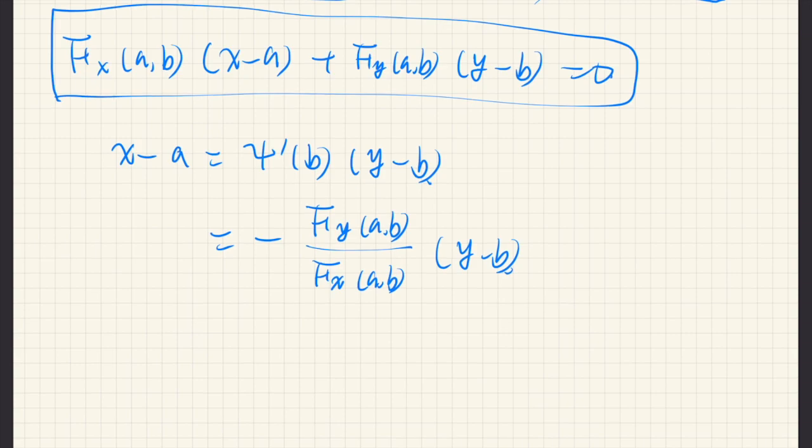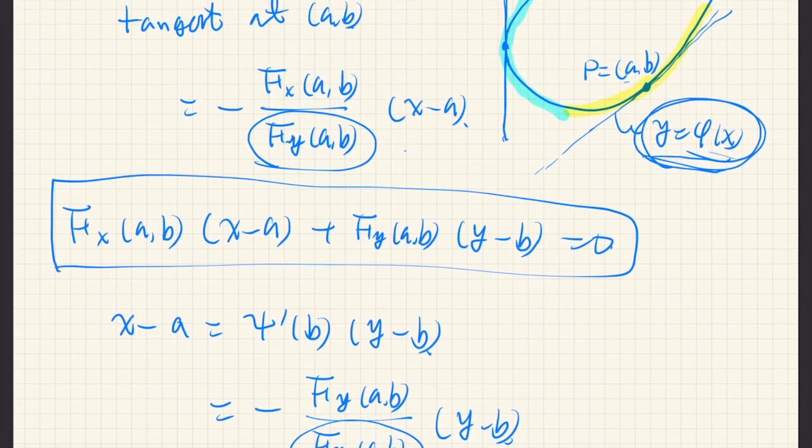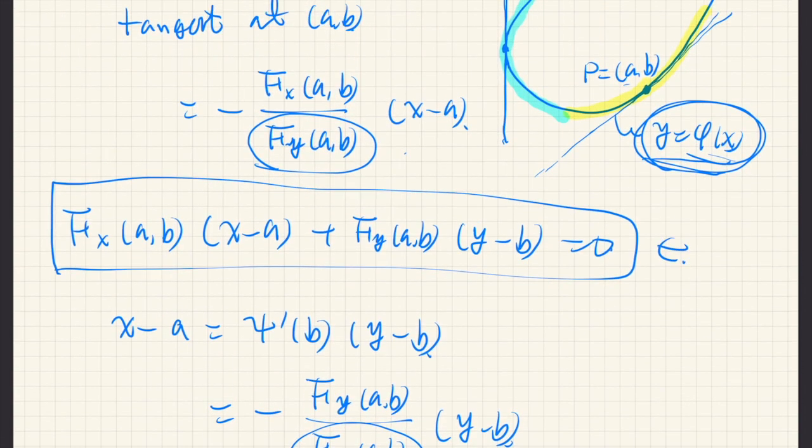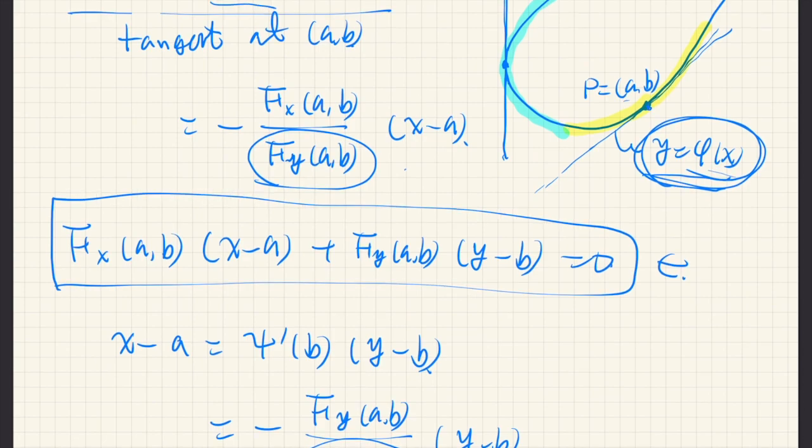So move this to the left-hand side and multiply everything by this. Then we have actually the same equation. So either case, as long as the point at which the tangent line is obtained is a regular point, not a singular point, then the tangent line is given by this equation.